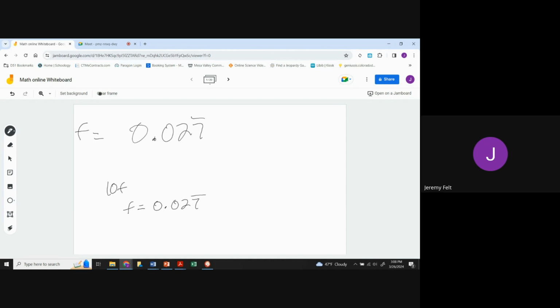We're going to have 10F, 10 to the power of 1 times F, or just 10F, equals 10 times this, so we move the decimal place here.